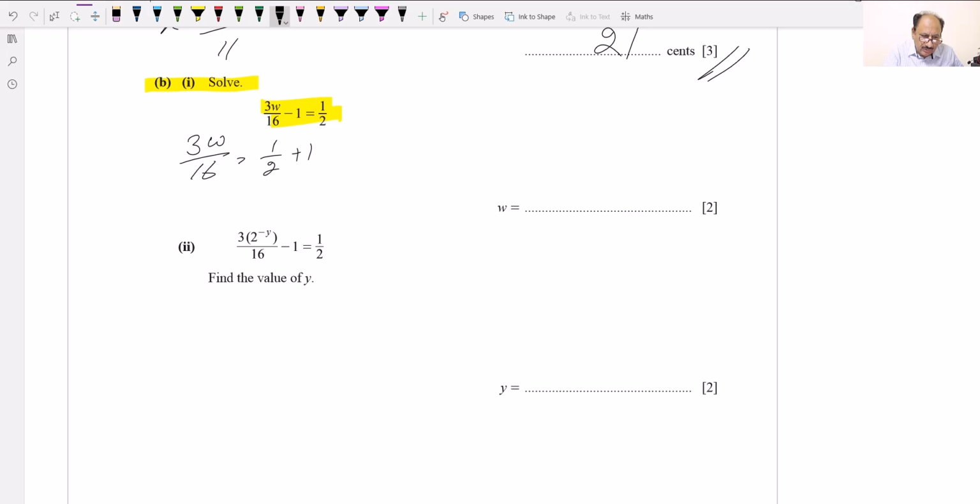Then we can shift 16 to the other side, so 3w will be equal to 1 by 2 plus 1 multiplied by 16, and then we can shift 3 also to the other side, so w will be equal to 16 by 3 into 1 by 2 plus 1, and this one we can calculate.